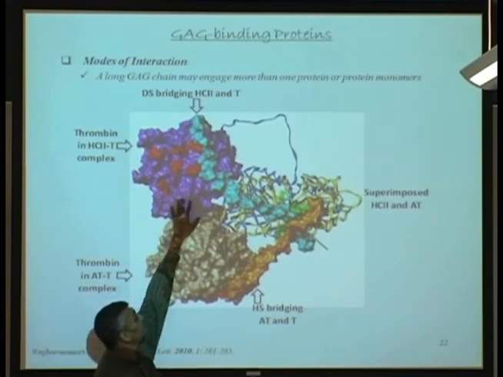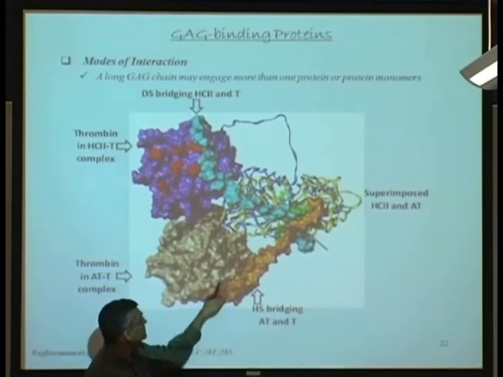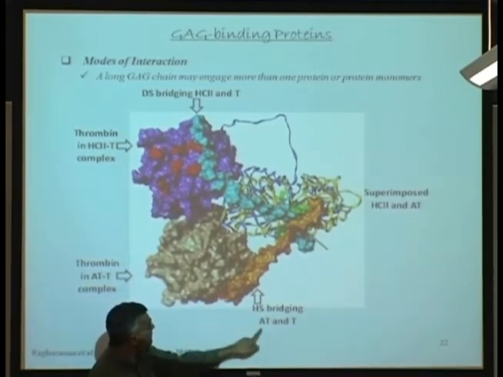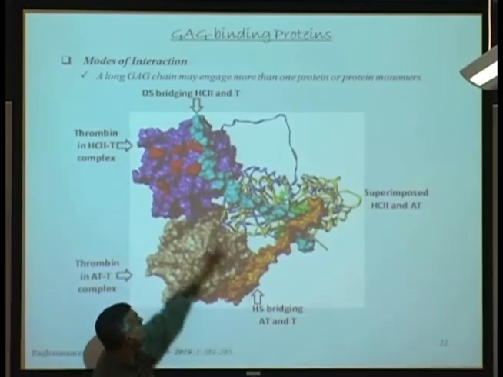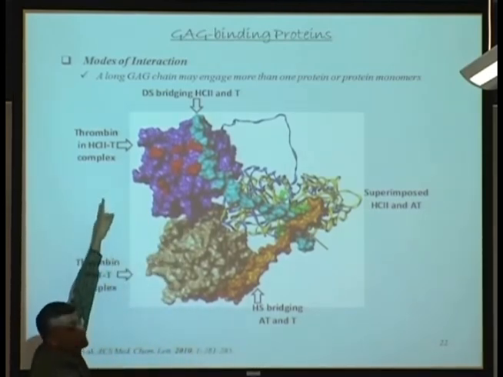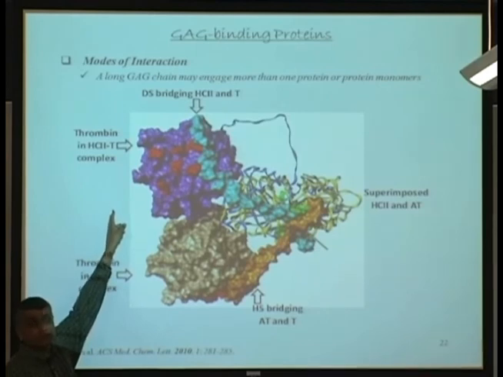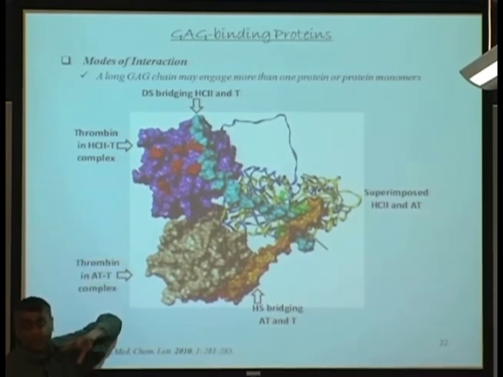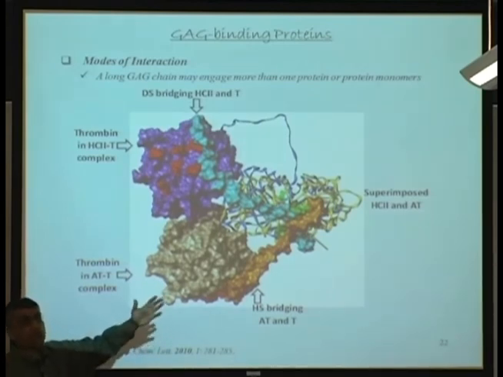This is thrombin binding to antithrombin. This is thrombin binding to heparin cofactor 2. Same thing, and yet you have a completely different geometry.